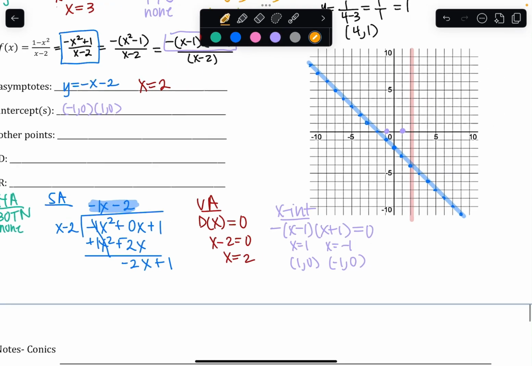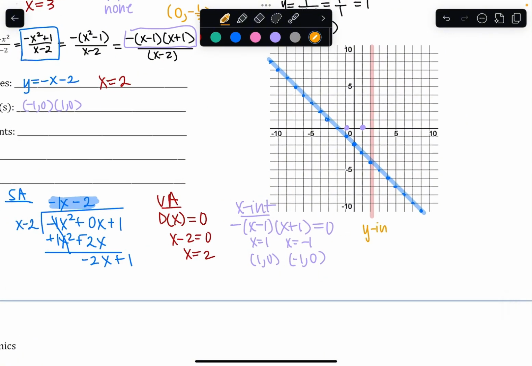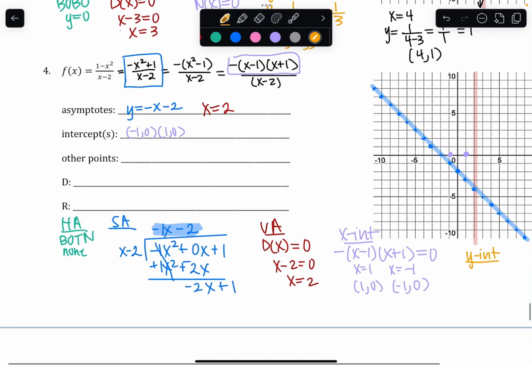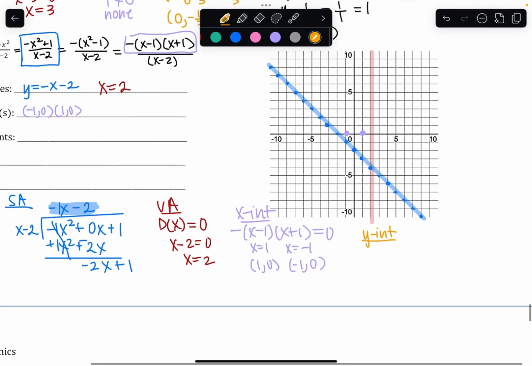And then lastly, for the y-intercept, we just plug in 0 for x. You can go back to the original form, or you can use the factored form. I'll just keep using the factored form. And so negative, and then plugging in 0 to both factors of the numerator, and then plugging in 0 to the denominator.